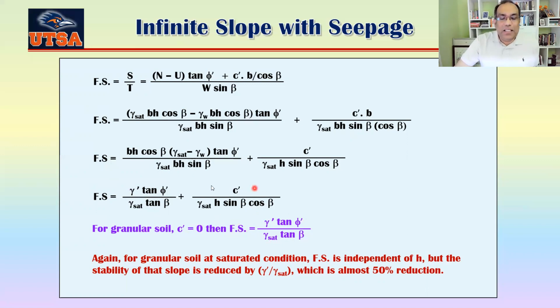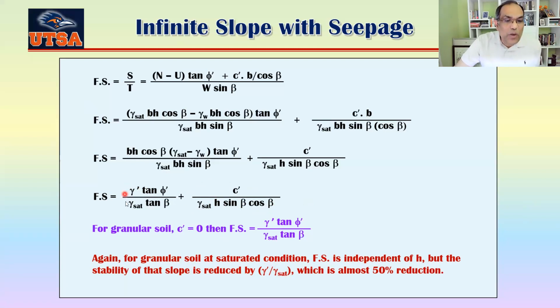But if this is cohesive soil, then you can see your factor of safety is a function of H, okay? So if it is granular soil under saturated condition, your factor of safety is independent of H, but the stability of the slope is reduced by gamma prime divided by gamma sat.